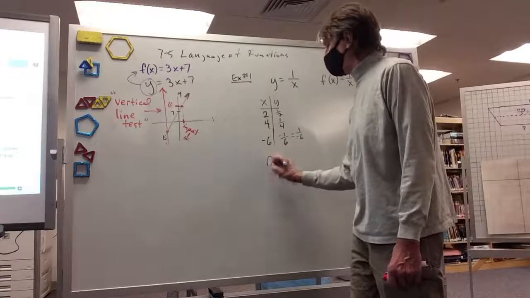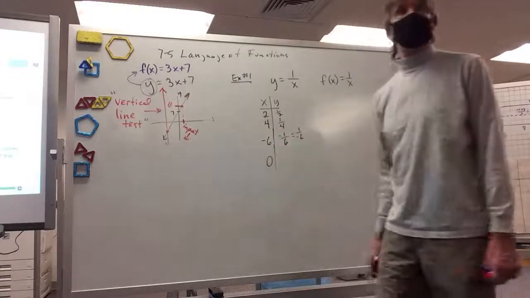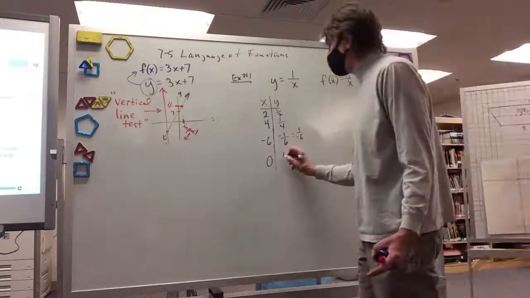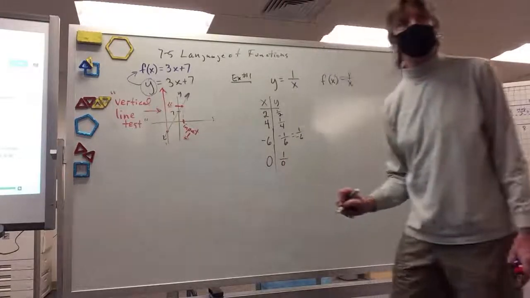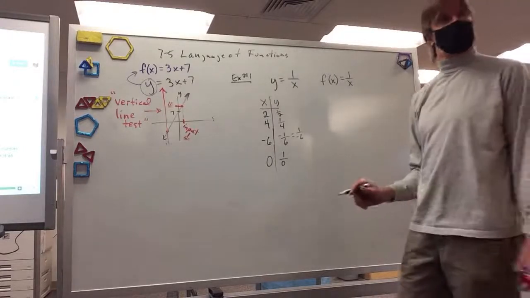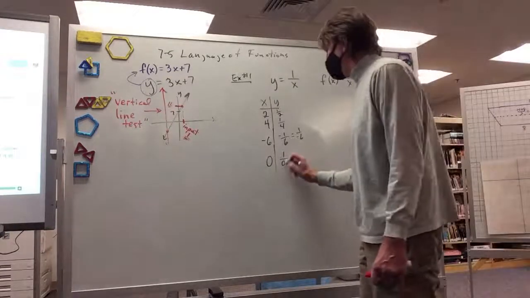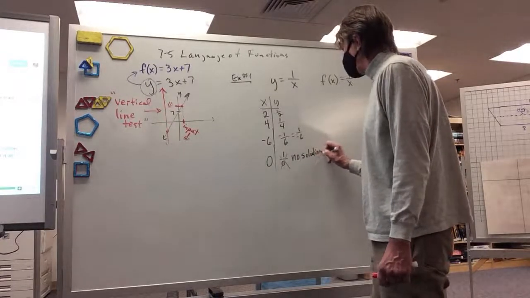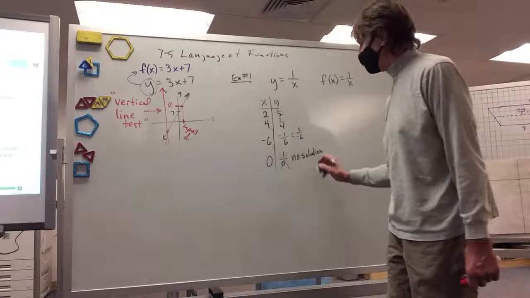What about a 0? Can you do that? Can I just say that that's equal to 1 over 0? No. There's no solution, because we cannot divide by 0.